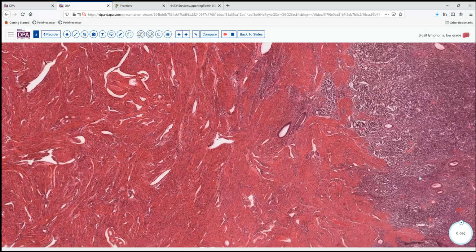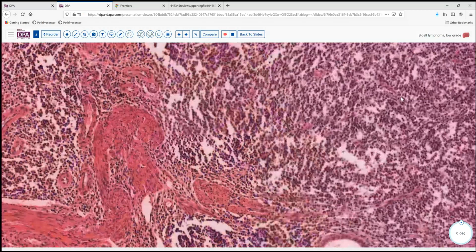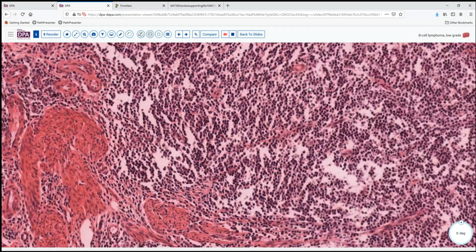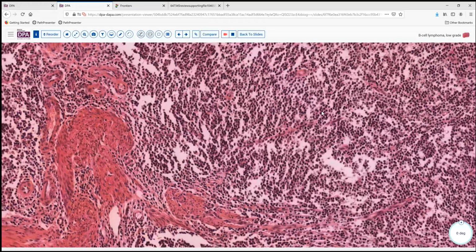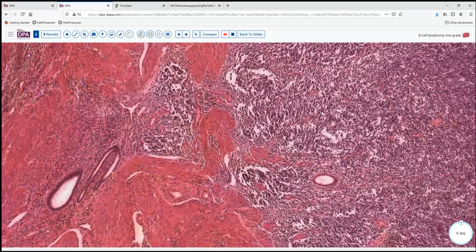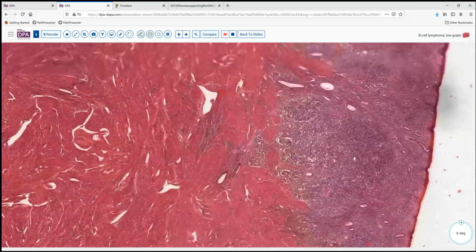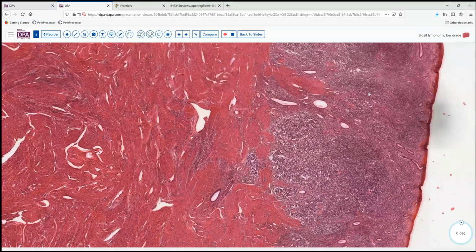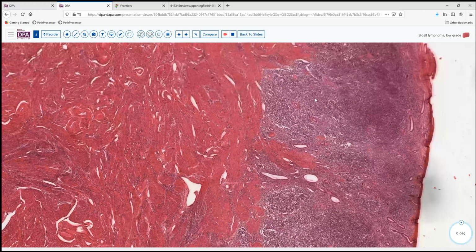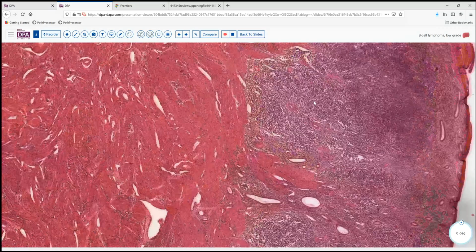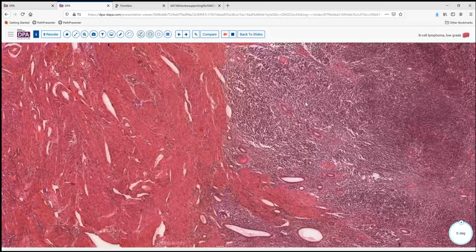Although there are some glands here, but mostly this is centered on lymphoid type tissue, small blue cells with associated delicate vasculature within what would be considered the stromal compartment, I suppose, in this case. So this has the appearance of lymphoma, probably low grade based on the small lymphocytic size, lack of mitotic activity, and the perivasculocentric pattern.